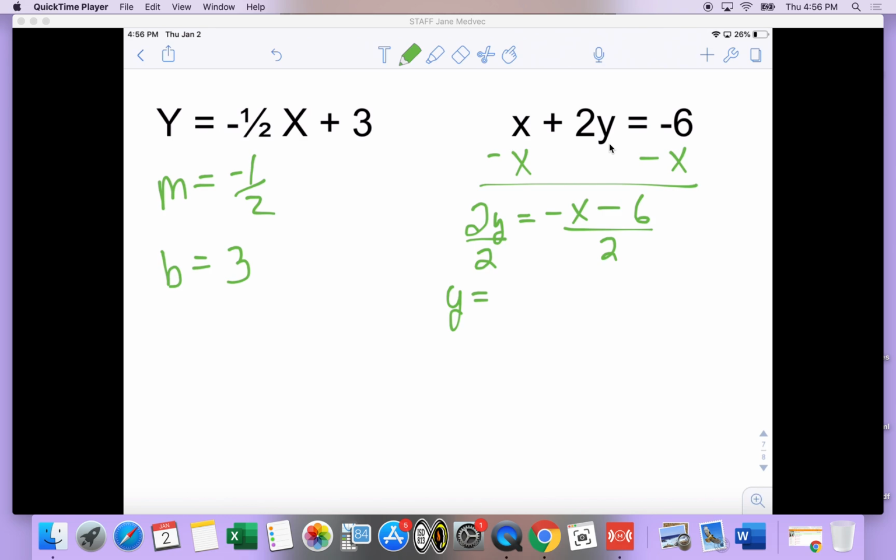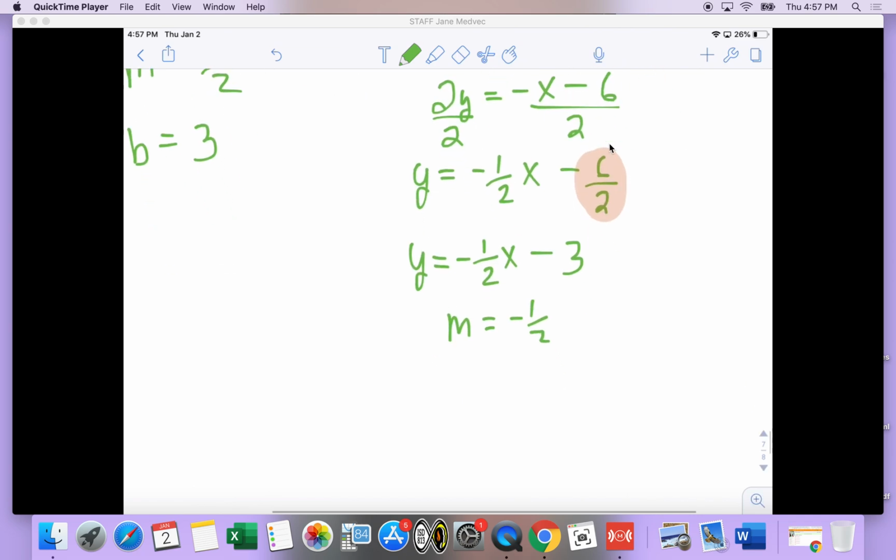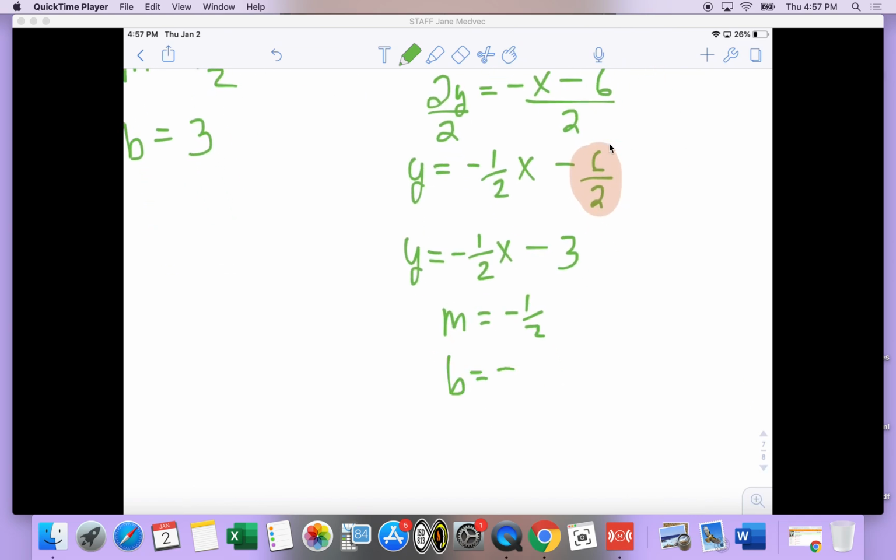Y equals negative 1/2 x minus 6 over 2. I'm going to keep it as negative 1/2 x minus, and you're going to notice that this can be reduced to negative 3. So my m is negative 1/2, and my b equals negative 3.